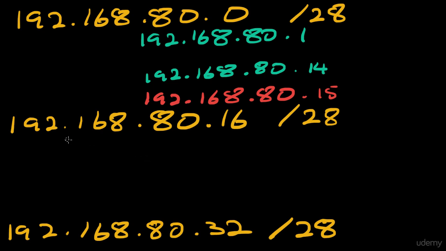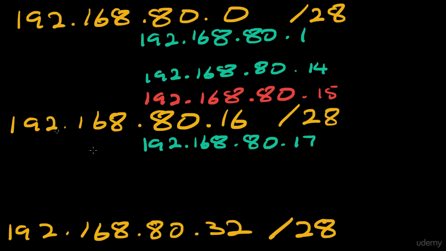For the next network ID, 192.168.80.16, the first valid IP address is 192.168.80.17. The next network ID is 80.32.